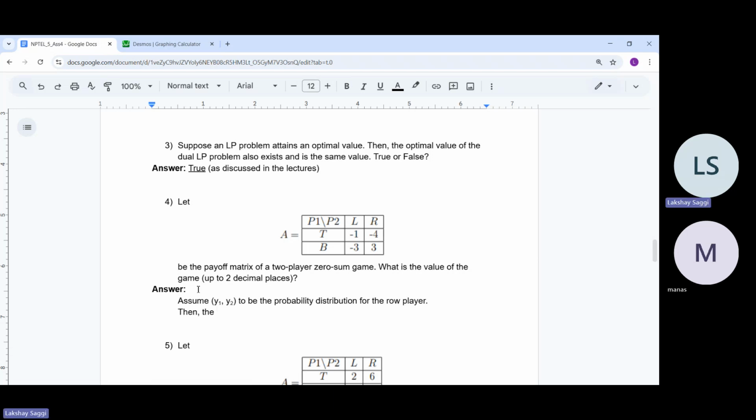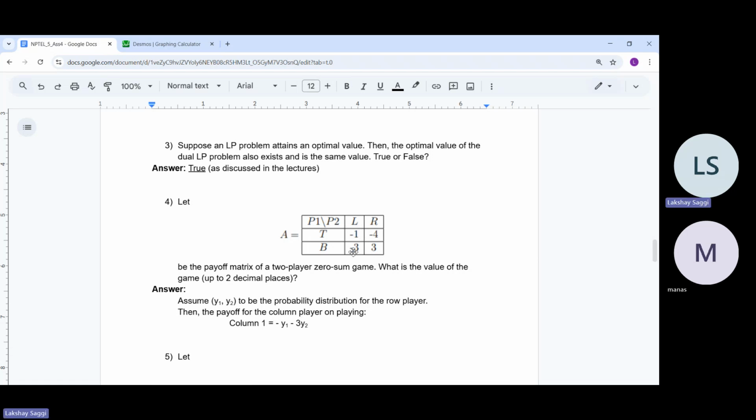Then the payoff for the column player on playing column 1 will be equal to minus y1 minus 3y2, right?